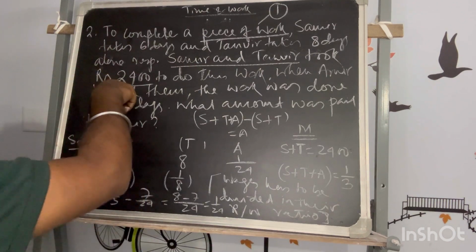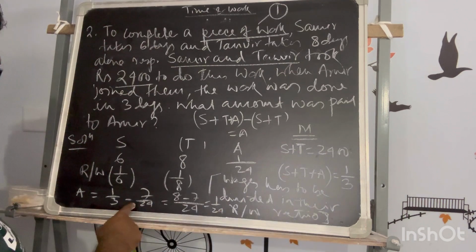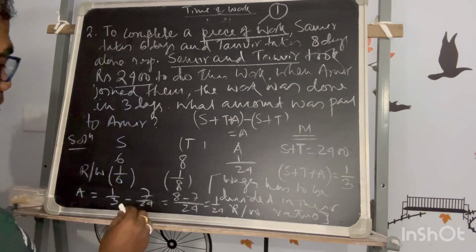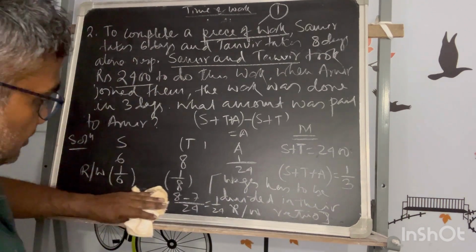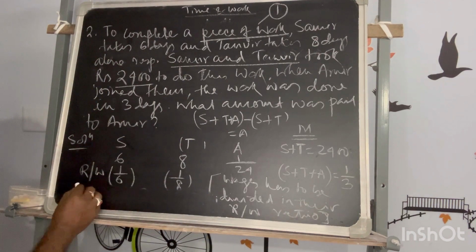Now the wages were given together when S and T worked, so from that information we can find the wages ratio.